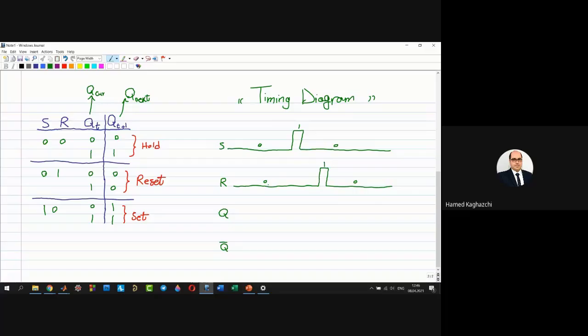We said that if both of them are 0 and also my Q is 0, it stays at 0. And if Q is 0, the Q bar will be 1.